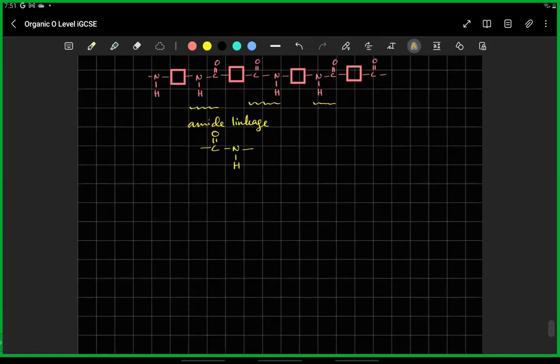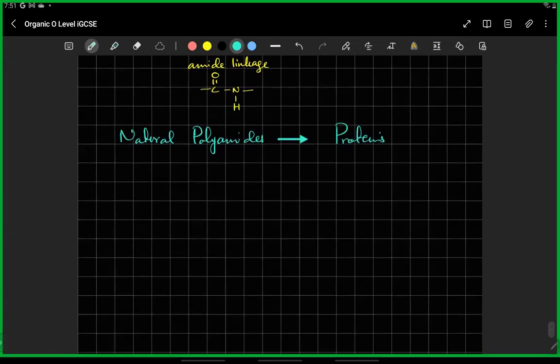अब आ जाते हैं natural polyamides, ठीक है. वो हम है basically. Proteins basically. So natural polyamides, that's proteins.